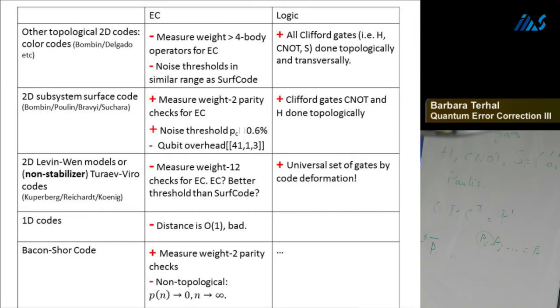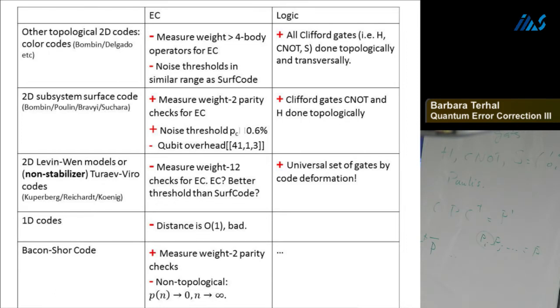I think the overhead is larger. If you say I want the smallest non-trivial code, I think maybe this is correct. Compared to the [[9,1,3]] code, this is very, very bad. Here again, the CNOTs and the H can be done topologically. It's similar to the surface code.